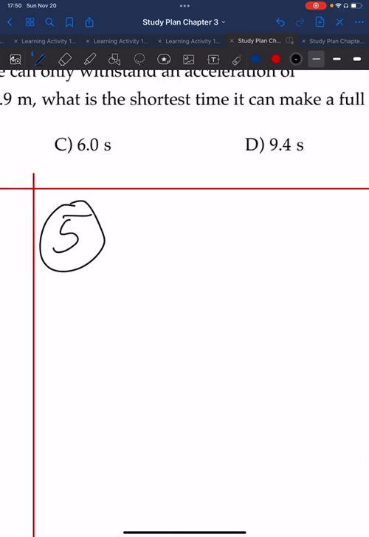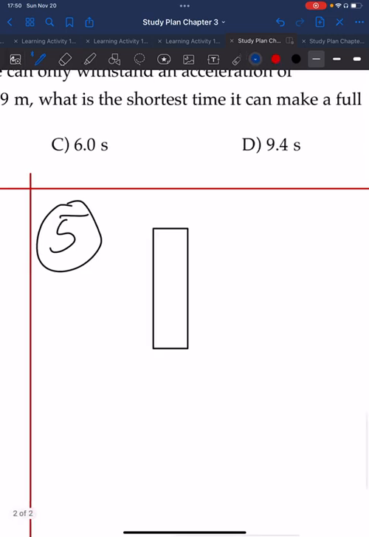So, let's just say this is the wing. But from the wing, we have rotation.